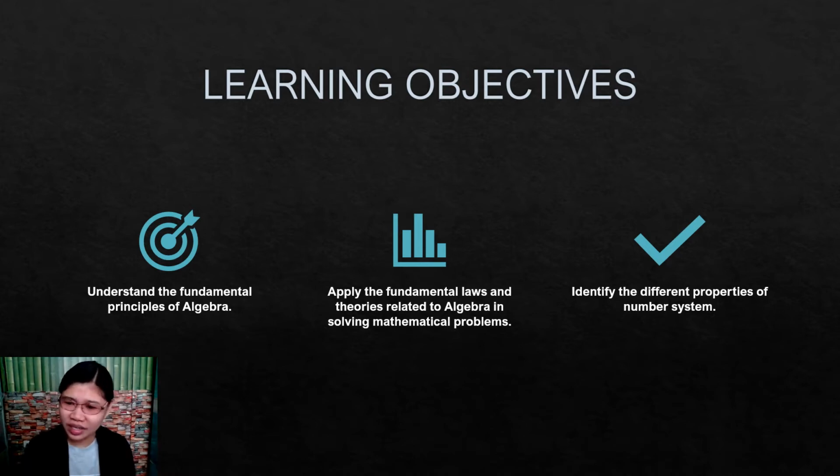Algebra is really related to mathematical problems, so I hope you can apply what you will learn in this video to the mathematical problems that you will encounter in the future, and then identify the different properties of the number system. I will be discussing the different components of the number system. So let's proceed.